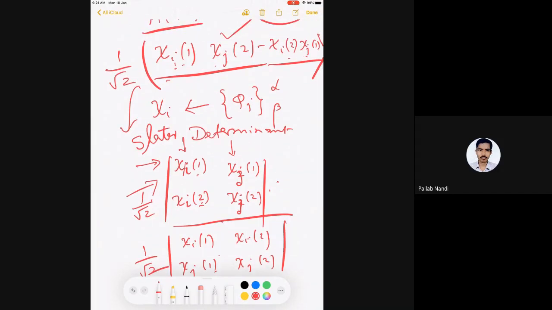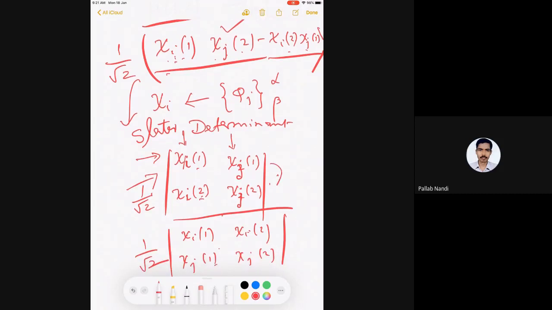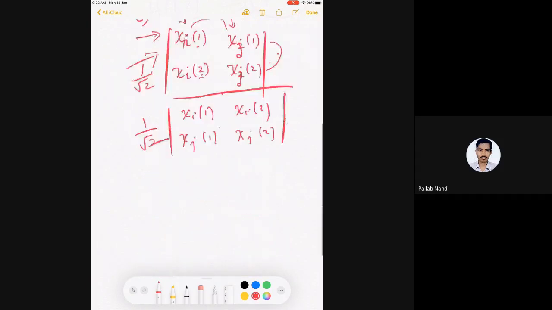The determinant also shows why, if I interchange coordinates of electrons 1 and 2, or spin orbitals I and j, it will be antisymmetric, because this means I'm flipping the two rows or the two columns, right? And all of you know that the determinant changes sign if I interchange two rows or two columns. Is that right? So obviously, this determinant is antisymmetric. So it's a very nice way to write this.